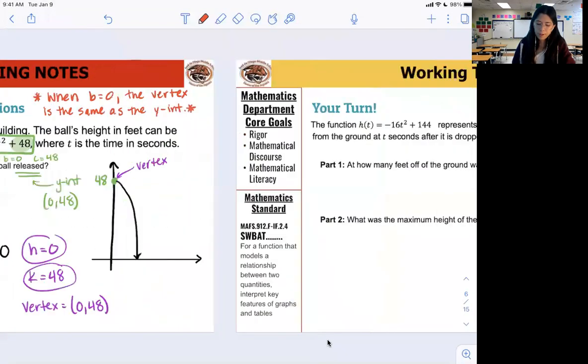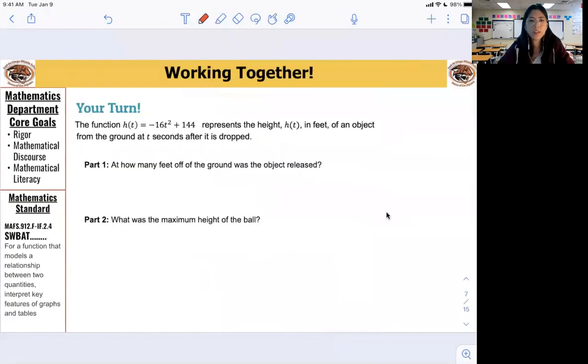All right, let's try one on your own now. So take a look at the problem. I'm not going to give anything away. Try it on your own. I'll give you guys about 4 minutes, though you probably won't even need that long.